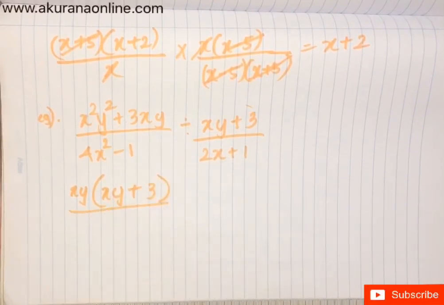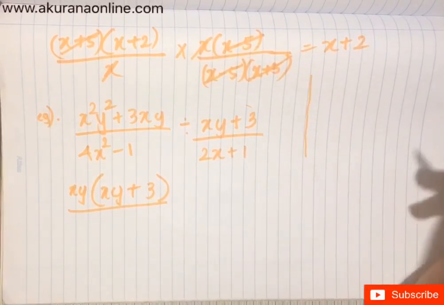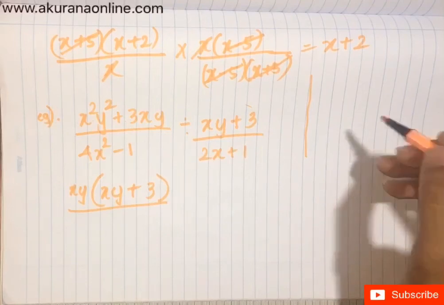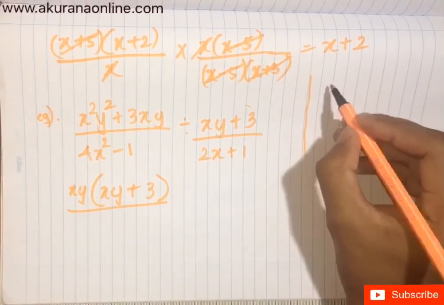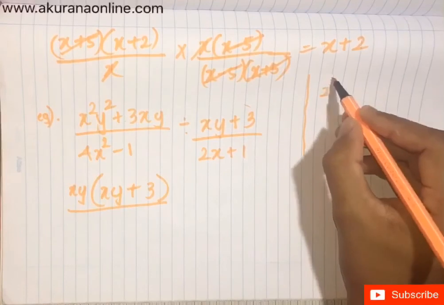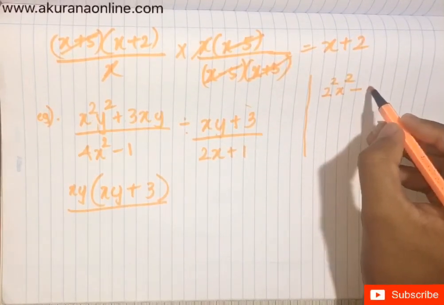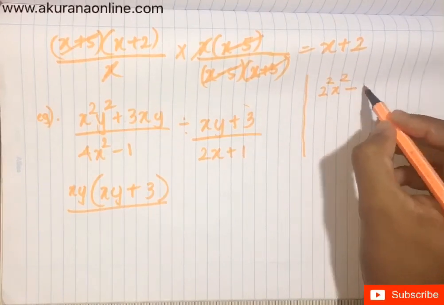So in the denominator, how do you factorize this? That depends on the difference of two squares. Using that you have to factorize. Now see, I can write 4 as 2 to the power 2, x to the power 2. Also 1 to the power whatever, you will be getting the answer as 1.